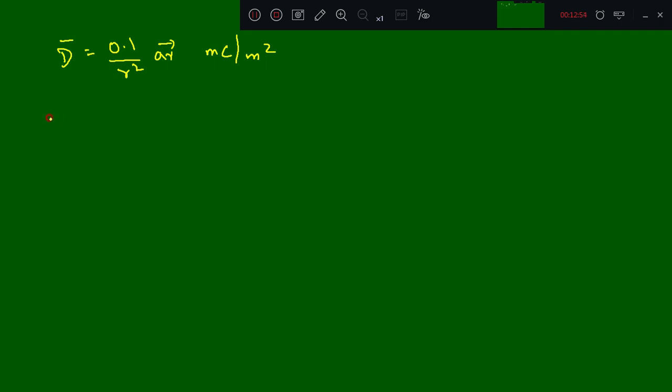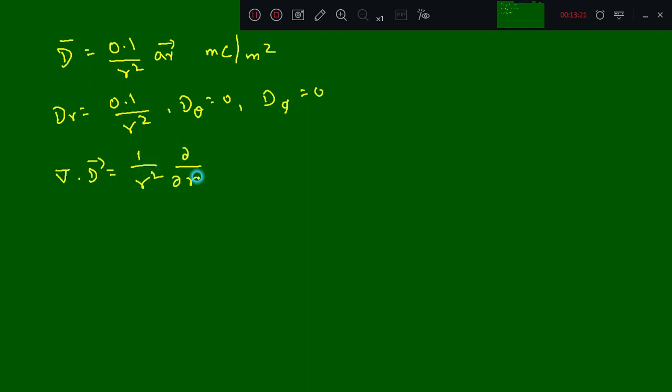As above, we have D_r only. D_r is 0.1 divided by r square, D_theta is 0, D_phi is 0. So del dot D is 1 divided by r square ∂/∂r of r square into 0.1 divided by r square.